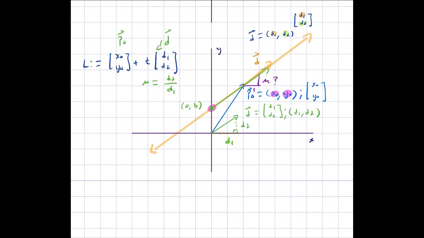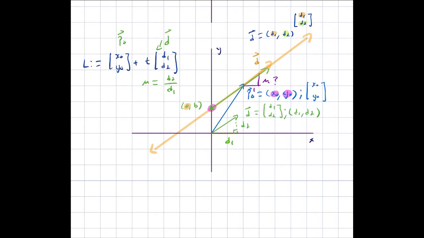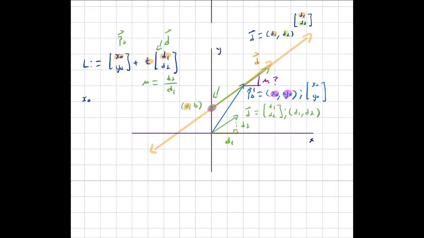Well, I look at the x-coordinate, and I highlight it in a nicer color, and I say, all right, I need the x-coordinate, which is here. It's x0 plus t times d1. I need that to be equal to 0 if I'm going to be at this point, at the y-intercept. So I need x0 plus t times d1 to be equal to 0.